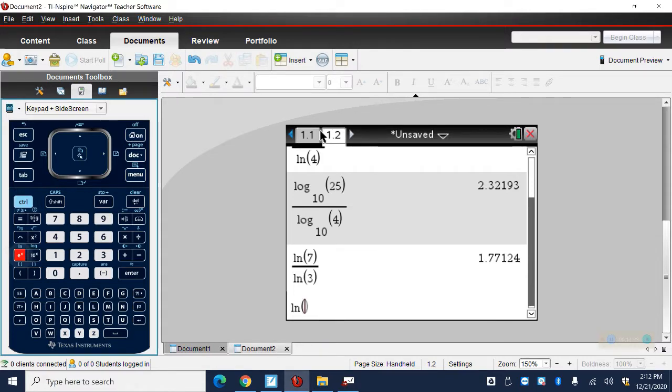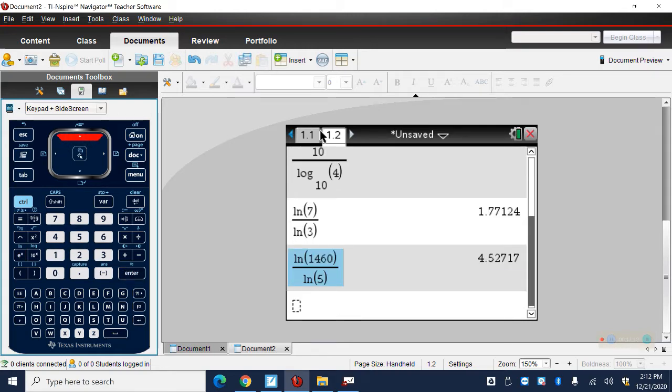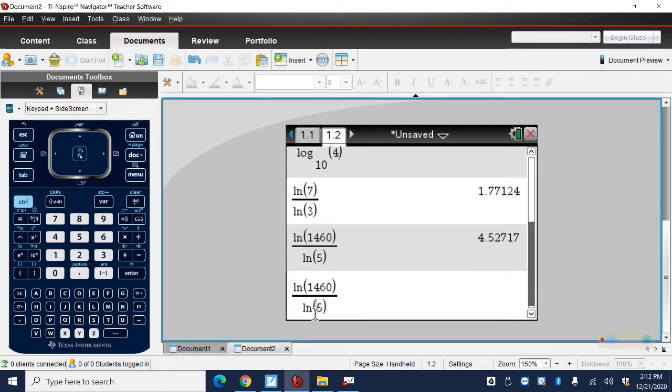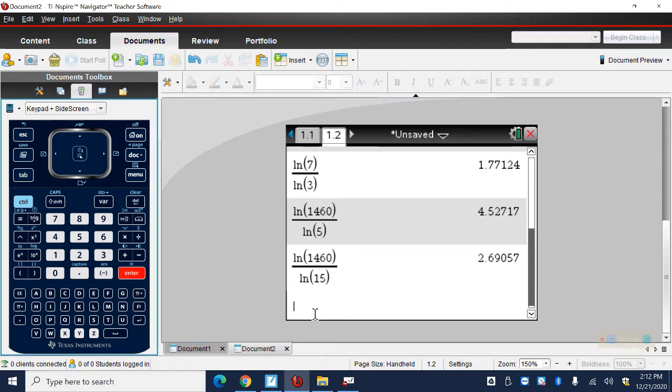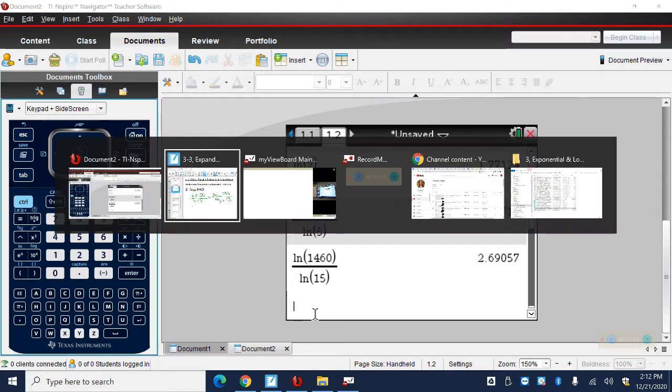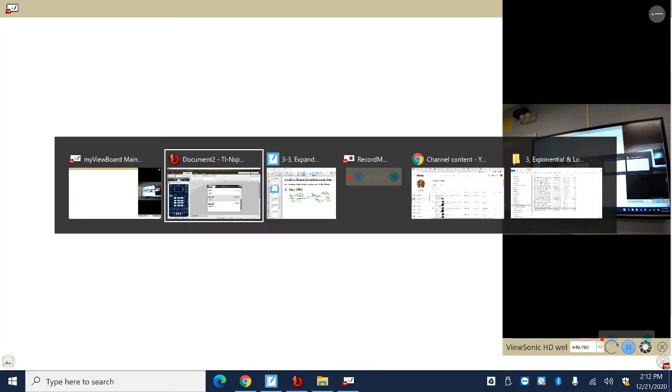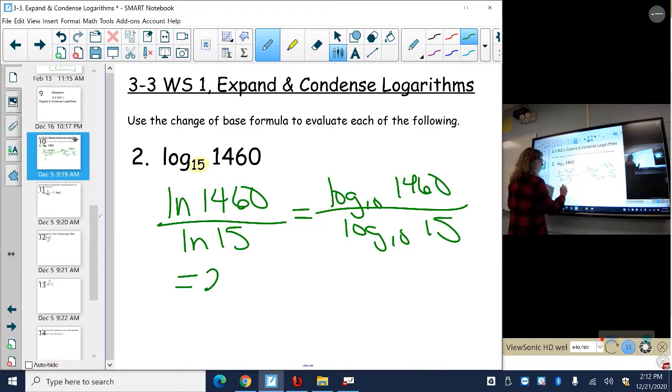And I'm going to do the natural log of 1460 divided by the natural log of 15. And that is going to give me not the right thing because I forgot the 1. 15. That's going to give you 2.69. 2.69, and that is done.